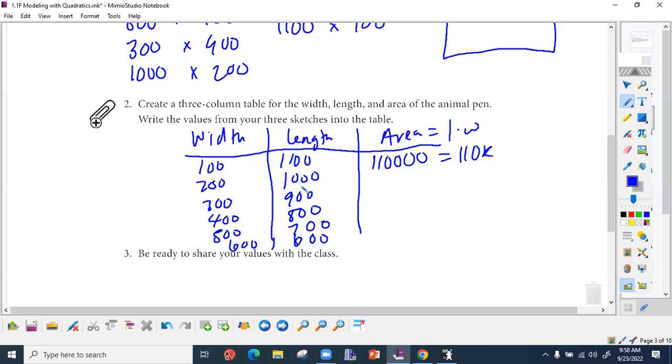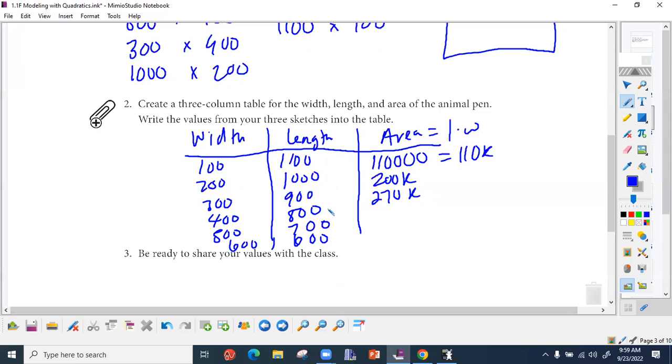So then it says 200 times 1,000. That's going to give me 200,000. 300 times 900 is 270,000.